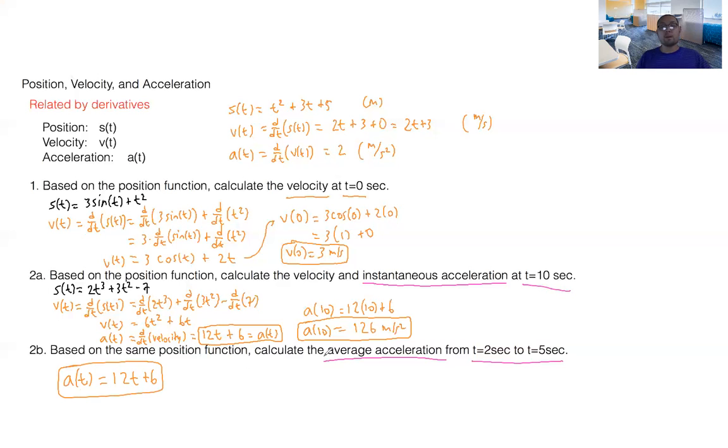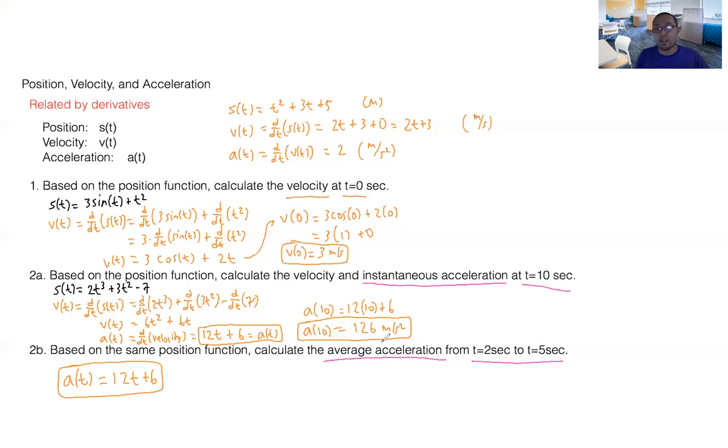And so in order to calculate average acceleration, actually, we're not going to use our acceleration function. Why, you might ask? It's because of how we defined acceleration at the beginning.